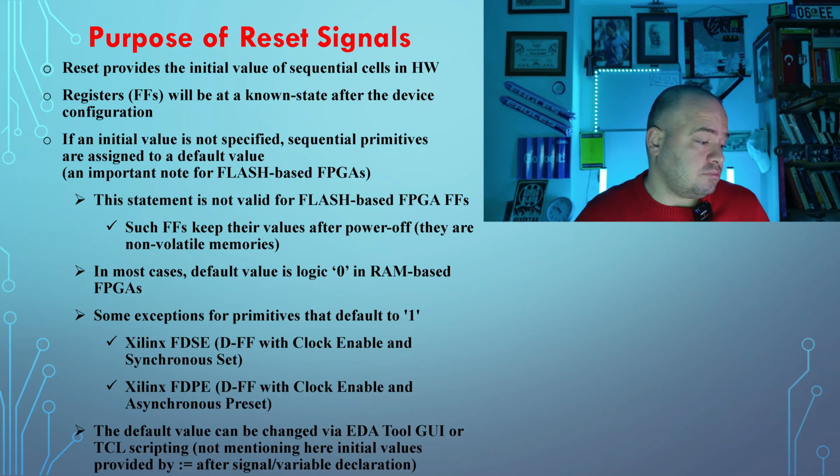So let's say the value of a Microchip ProASIC3 FPGA flip-flop was 1, and if you power off, and you don't have any reset statements in your code, even if you specify an initial value, that will be skipped, that will be ignored. Probably you are supposed to see that warning in your compiler.